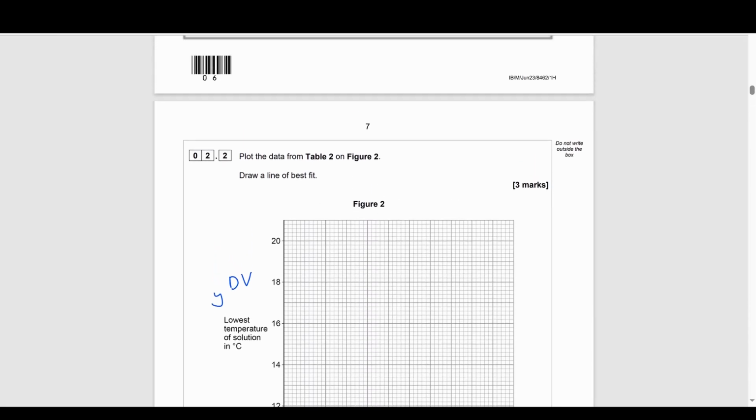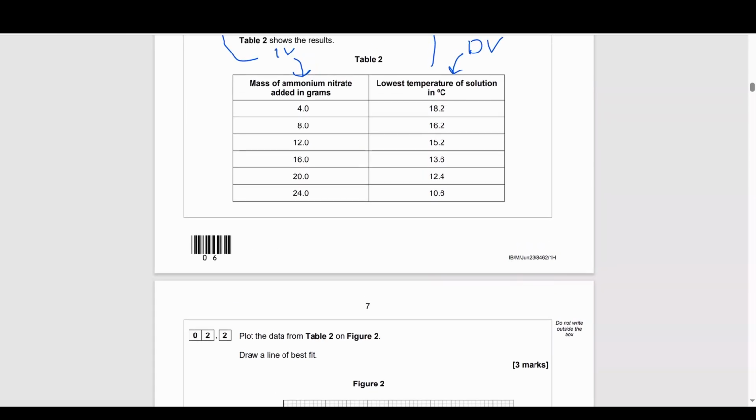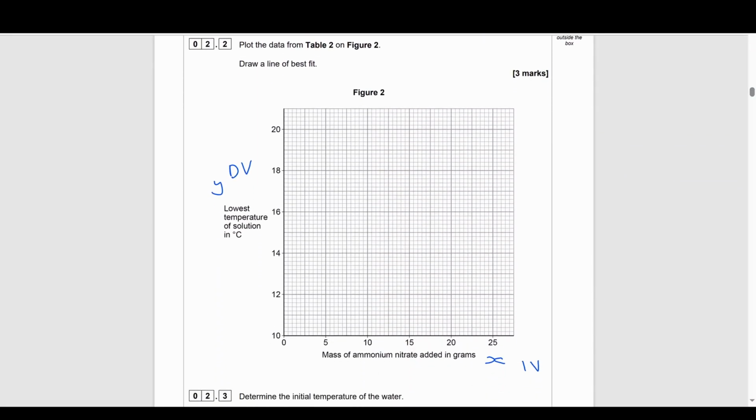So we need to plot the data from table 2 first. For a mass of ammonium nitrate of 4 grams, our lowest temperature of solution is 18.2. So we find 4 grams, and we need to find 18.2 on our y-axis. Let's check what our x-axis is going up in right now. Looks like it's going up in 0.5. So if our middle here is 2.5, we need to go up until we get to 4.